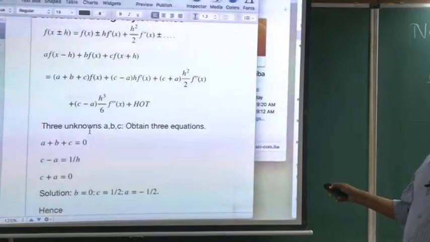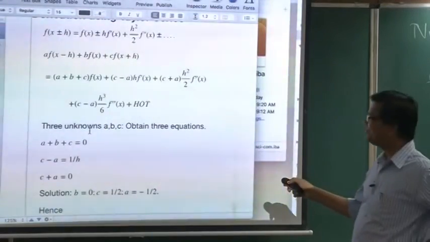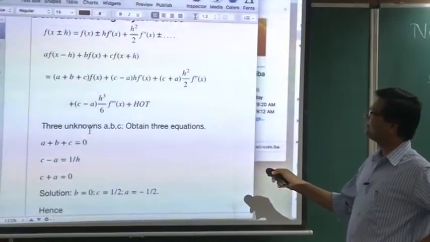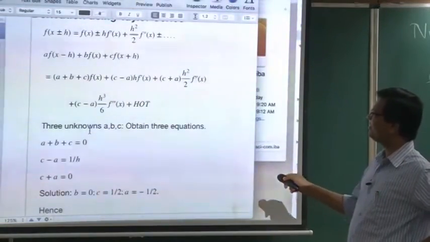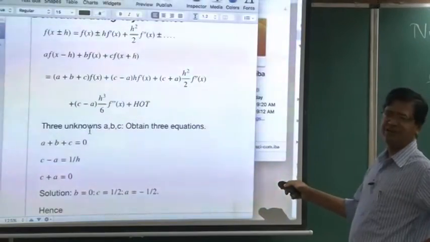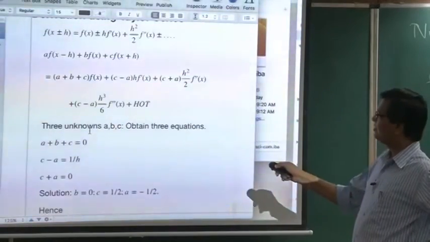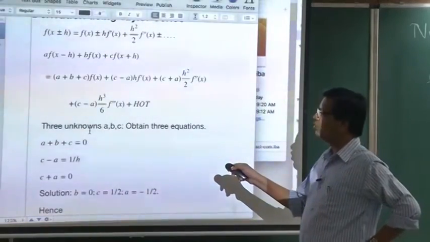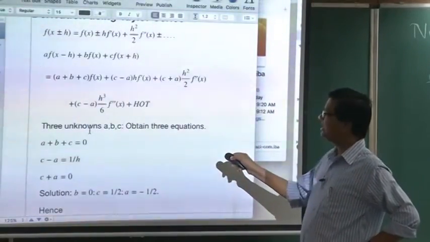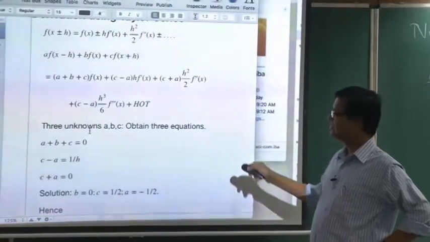Should I go one by one? The first derivative term is coming from both of these, second derivative will come again, and the third derivative will be antisymmetric. So, this is the exact formula for Taylor series to cubic order, and HOT means higher order terms.